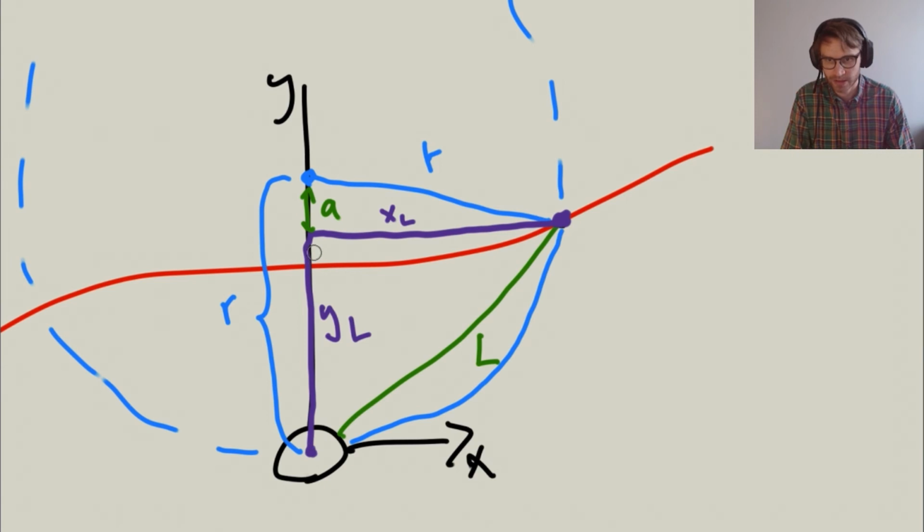One of them is the triangle that I'm going to highlight, then take away, so you just see what I'm talking about. It has sides YL, XL, and the hypotenuse is the large L. Then there is one triangle that consists of the sides A, XL, and the hypotenuse is this R over here. So we can write those down.